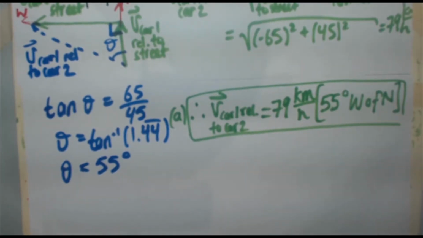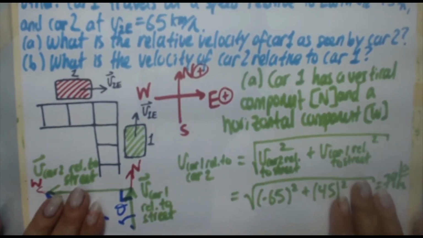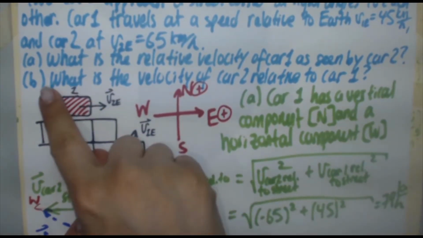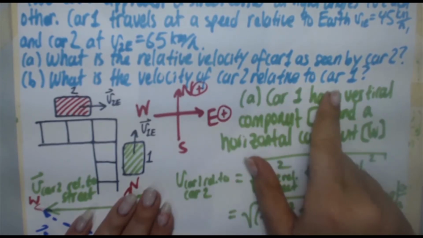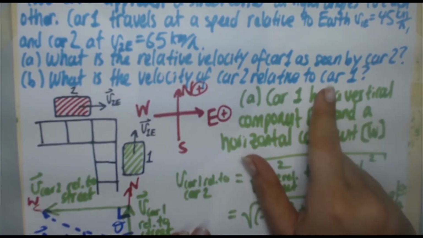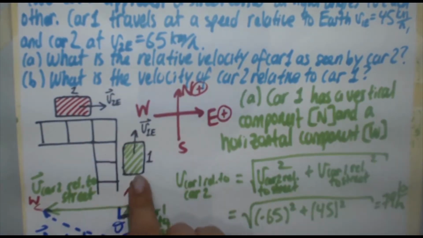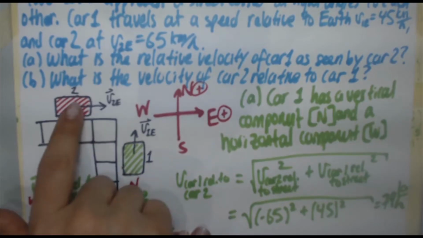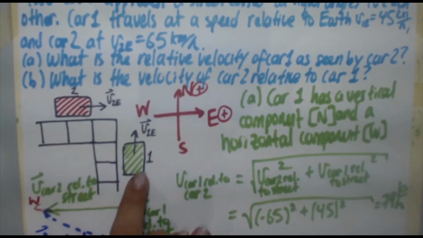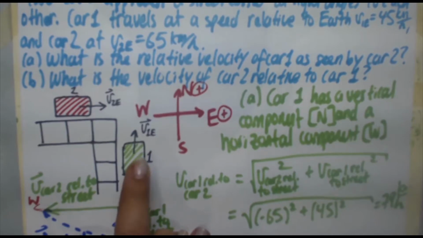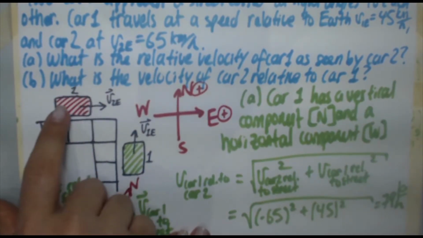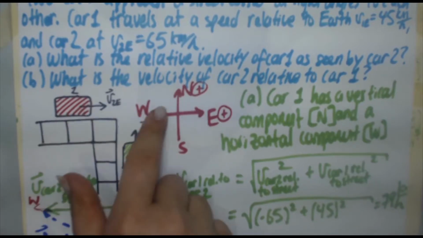We're going to do the same thing, but from car 1's point of view. Okay, so for part B, we are instructed to find the velocity of car 2 relative to car 1. So now we're going to assume that this guy's not moving. So from this guy's point of view, they're still getting closer to each other, right? So car 1's not moving, they're getting closer. This car has a horizontal component now. It's east, right?